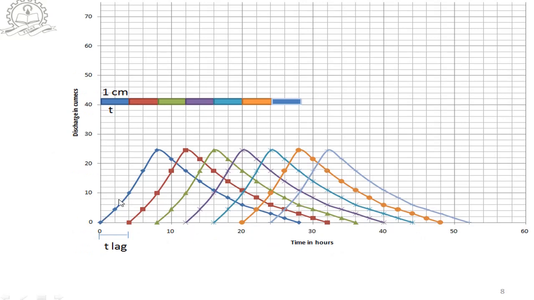Say this represents the unit hydrograph, that is, there is a rainfall excess of 1 centimeter, and after a lag of t hours there is another rainfall excess of 1 centimeter, like that. Then there are a number of hydrographs we are considering, and if you add all these hydrographs together, you will get the S-curve hydrograph.